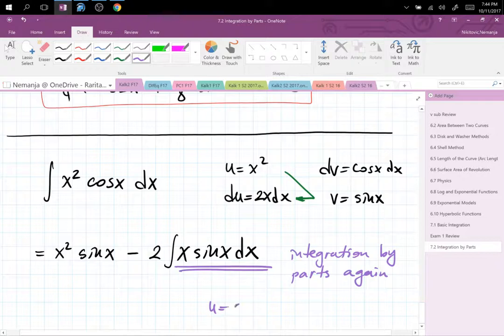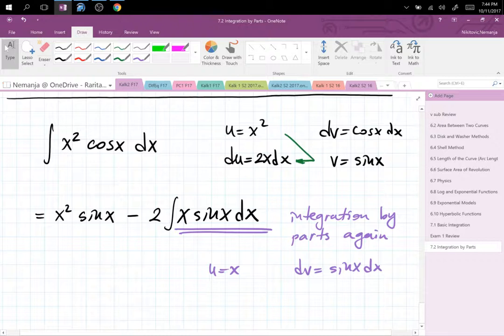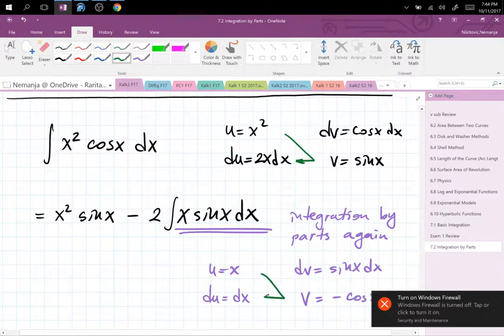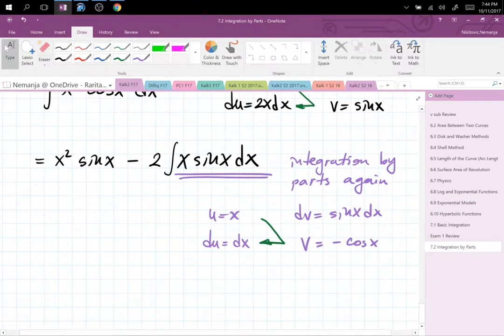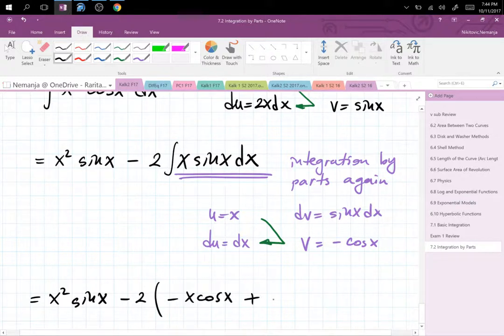So we have u equal x, dv equal sine x dx, du equal dx, and v equals negative cosine x. Arrow again. So I have x squared sine x minus 2, and now I have negative x cosine x, minus and minus is plus, integral of cosine x dx.